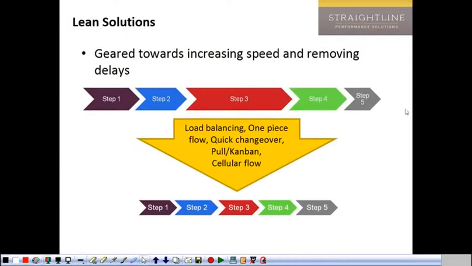So I've pictorially represented this by big process steps and long, meaning it takes a long time, but also we'll notice that, for example, step 3 takes a lot longer than step 4, and there's some imbalance here, right? So we're going to be using these techniques, load balancing, One-piece Flow, quick changeover, pull or Kanban, and cellular flow, to shrink that process and to regulate it to get it to run more smoothly. That's the name of the game here.